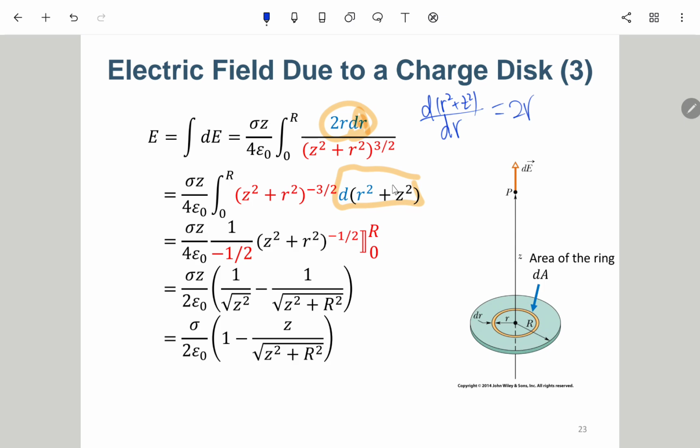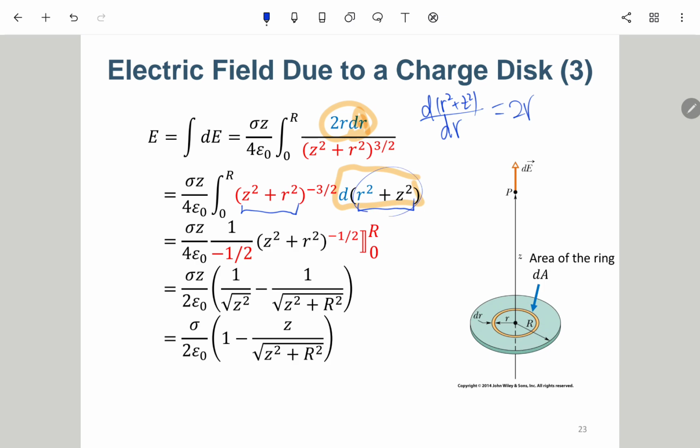Why do we need to do it? Because we have a function of r like this, so we also need the d of the same function, so that we can finish this antiderivative. You can consider it as another variable.